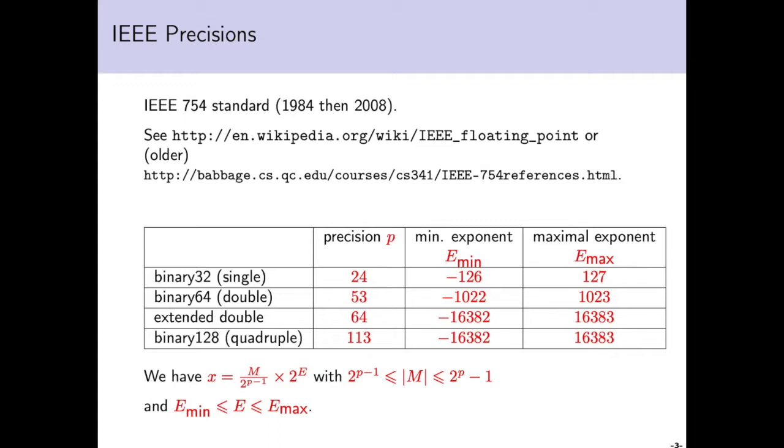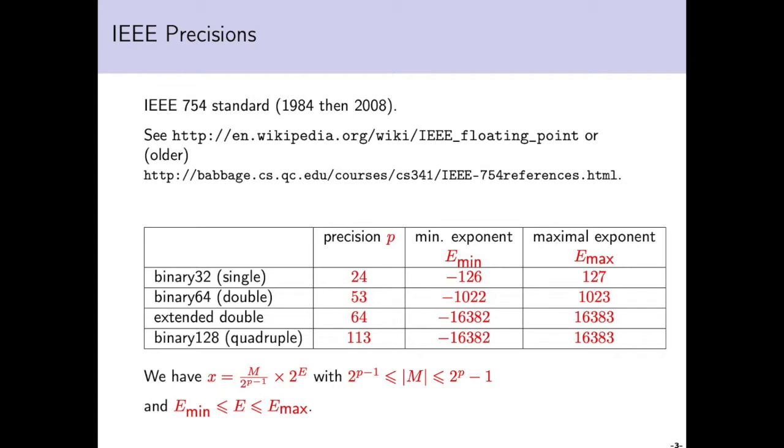The basic rules are written in the IEEE 754 standard. The first version was given in 1984, there was a revision almost 10 years ago, and a second revision is currently being written.